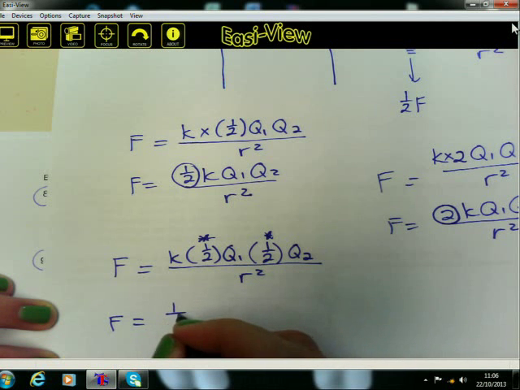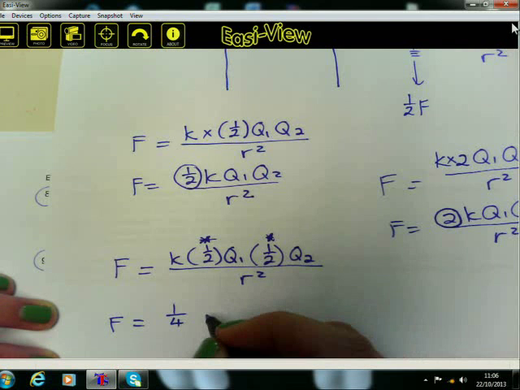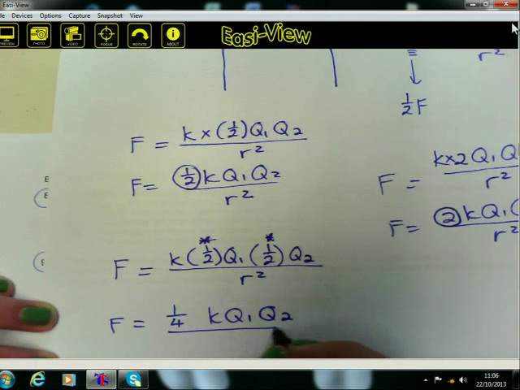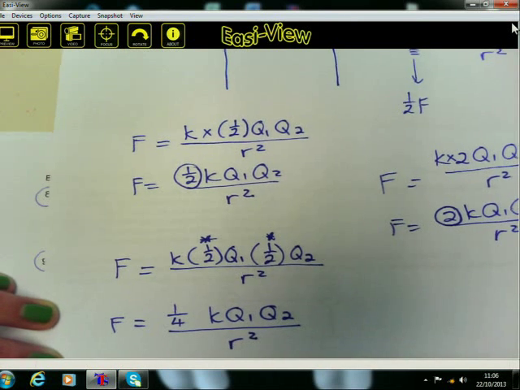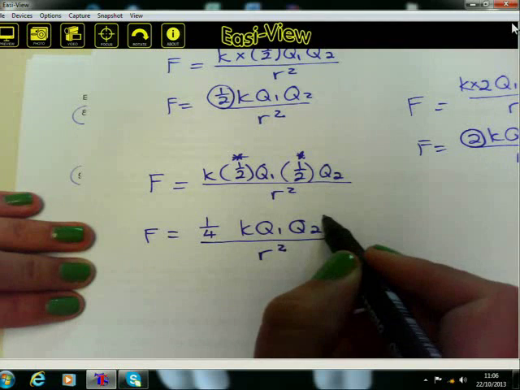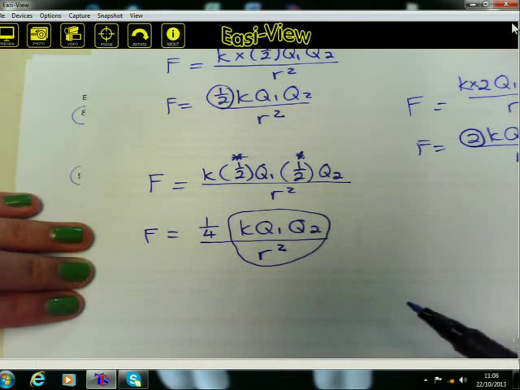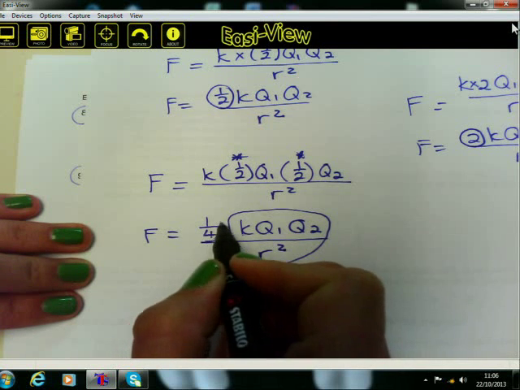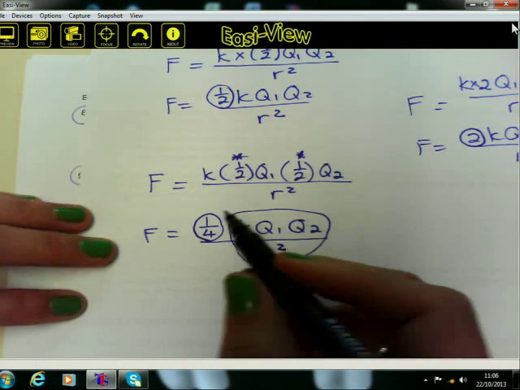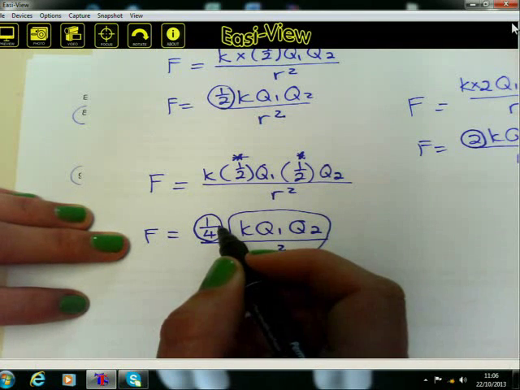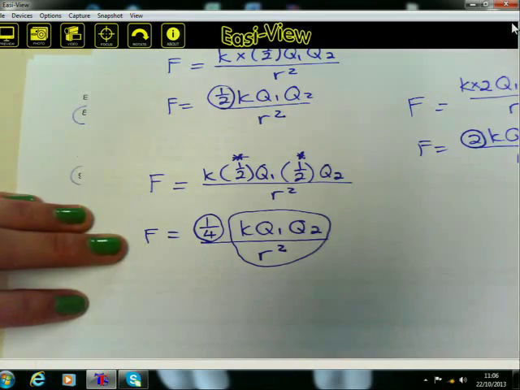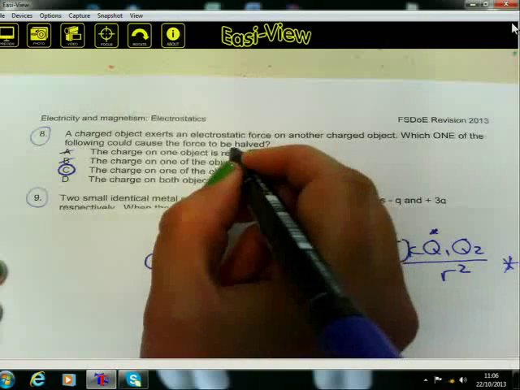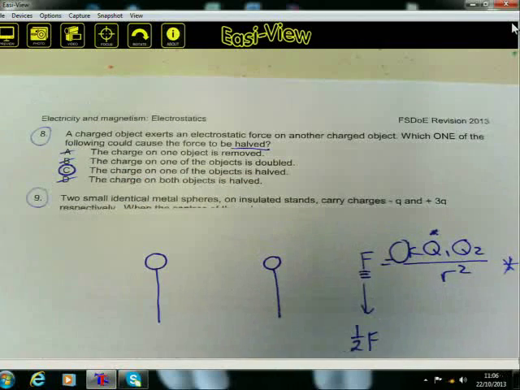It is 1/4. F equals 1/4 K Q1 Q2 over R squared. Now what happened to our original answer? There's our original K Q1 Q2 over R squared. But what happened to it now? It was multiplied by 1/4. So this F is going to become 4 times smaller. And we don't want 4 times smaller. We want it halved. So it is not D.